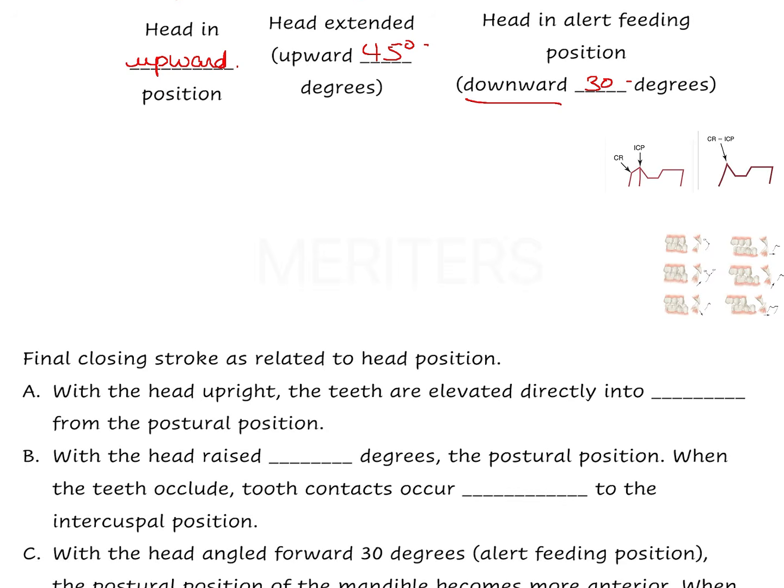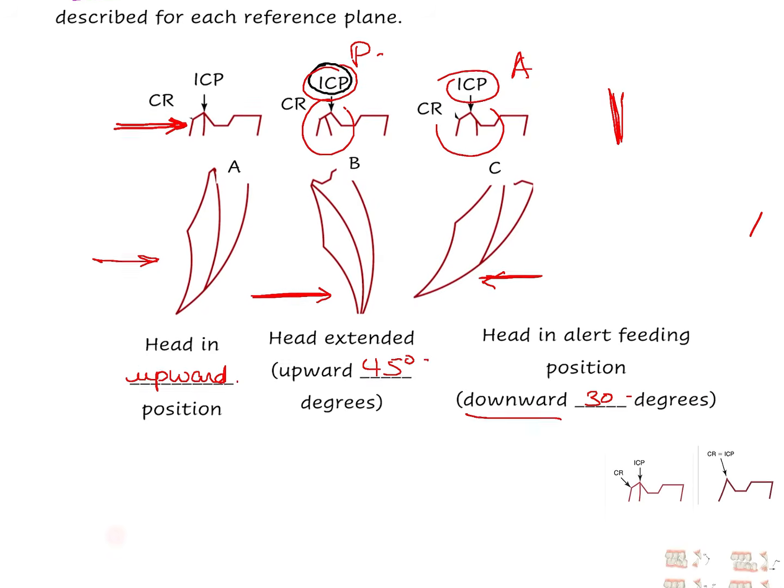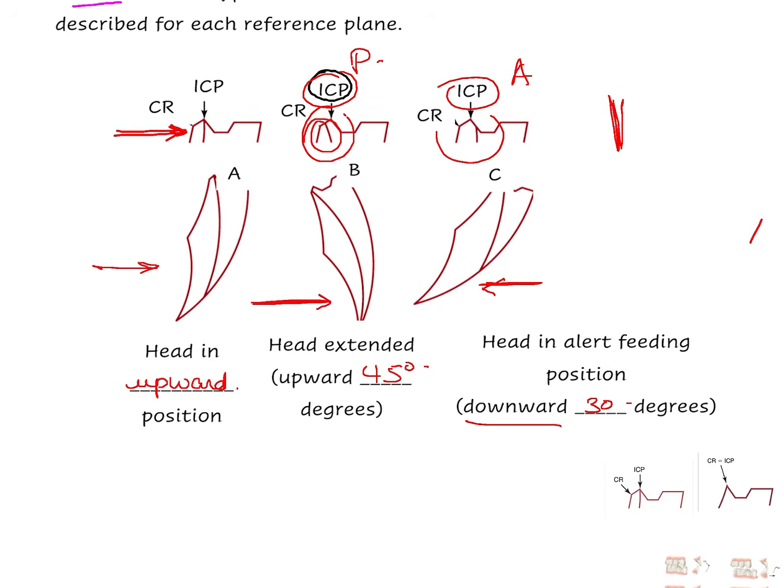So if your head is raised 45 degrees behind the postural position, your normal position, then the teeth will occlude and the teeth contacts occur posterior to the intercuspal position. This line is posterior to the intercuspal position. See, the line is here. This is ICP, right? So if your head is tilted up, the tooth contacts will be behind, posterior to the intercuspal position. On the other hand, if it is head down, it will be anterior.